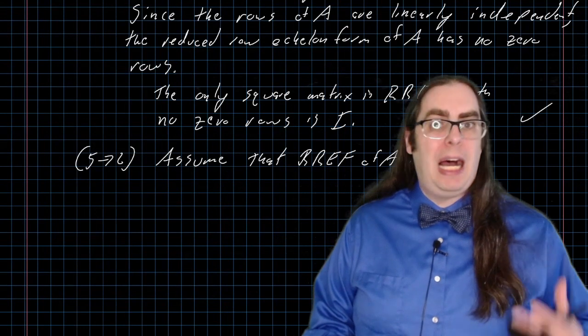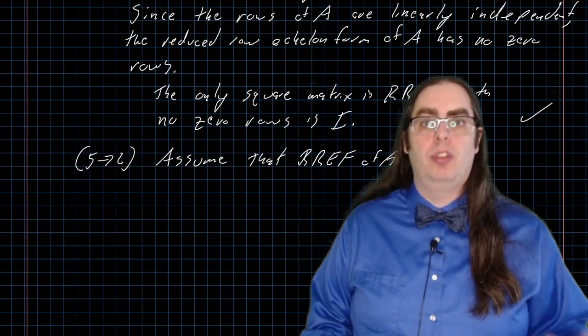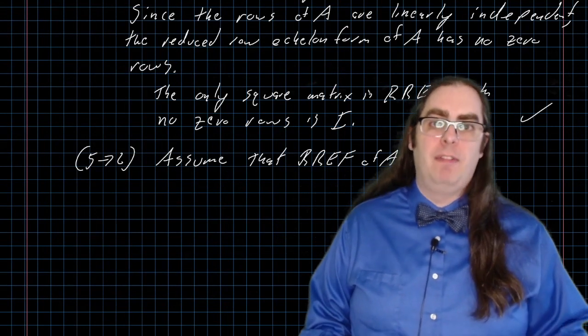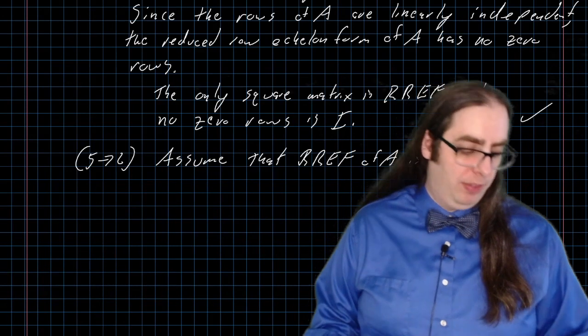So from our process for finding the inverse of a matrix, A must be invertible if its reduced row echelon form is I.